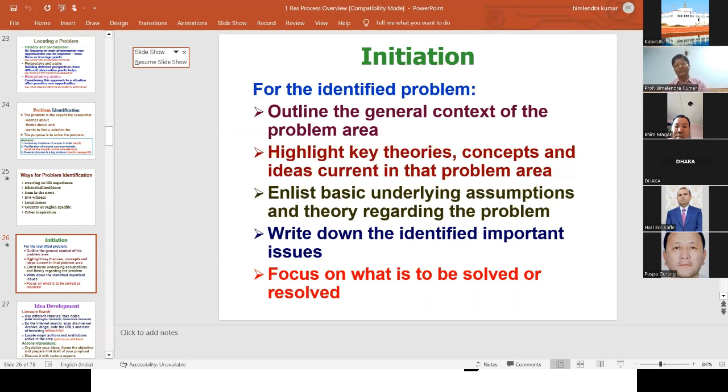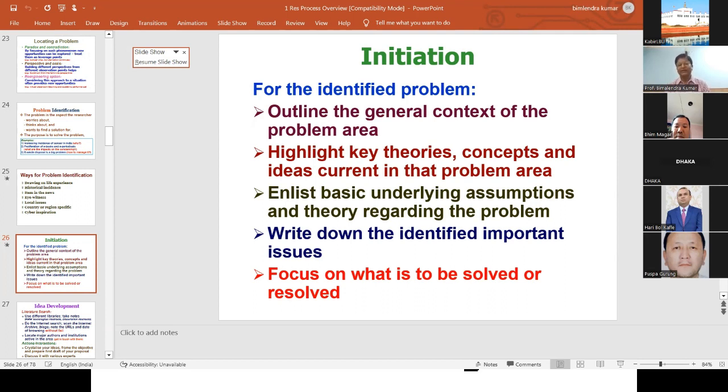Those theories and concepts which have been interpreted or analyzed by those scholars give us an idea of things, and how we can concentrate on the problems related with the research of present researchers. So there is a need to enlist basic underlying assumptions and theory regarding the problems. What are the theories which have already been put forward by our previous scholars? We have to make assumptions on all these things.